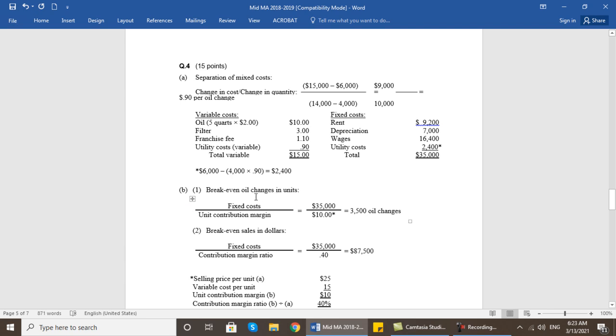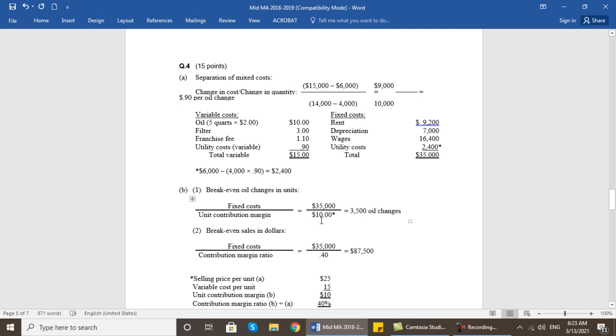Now break-even oil changes in units: fixed cost divided by unit contribution margin. Fixed cost from here is 35,000 divided by unit contribution margin.